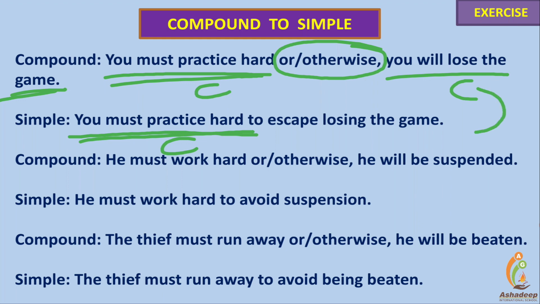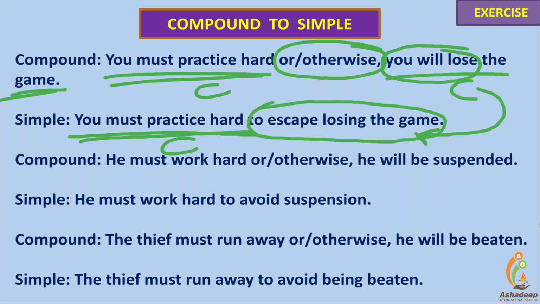So this clause will be converted into a phrase by removing the subject and verb. Friends, here, to escape losing the game, or to win the game, you can write "to win". The opposite word of "lose" also can be used here, to win the game or to escape losing the game. Both present a similar meaning. To escape losing the game, "to escape" is an infinitive.